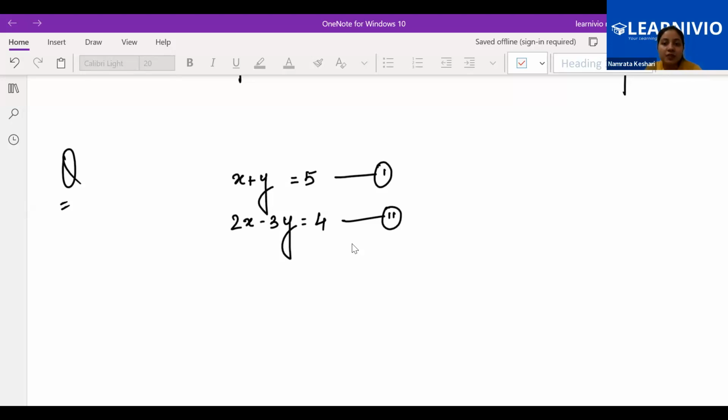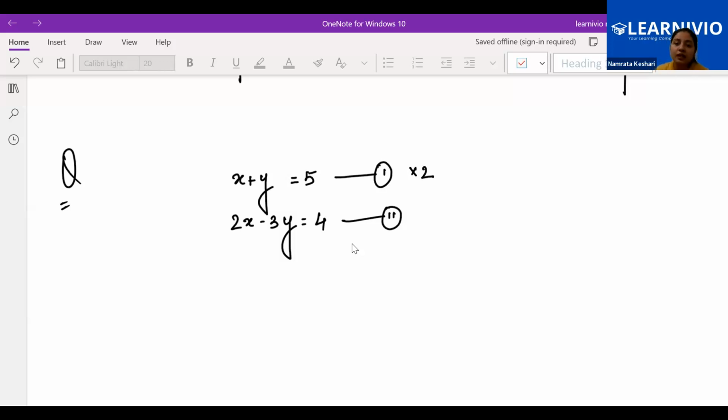Yes, Diana, can you please tell me what to do if we want to go ahead by using method of elimination? Ma'am, we will make the coefficients equal. Yeah. So any one of the coefficients, that is either x or y, right? So we'll multiply equation 1 with 2.